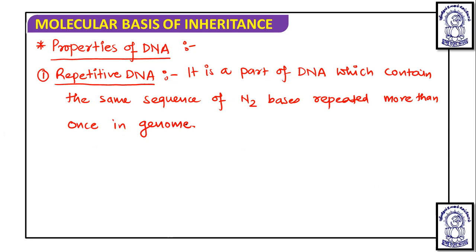So a part of DNA which has the same sequence of nitrogen bases repeated more than once in a genome is known as repetitive DNA.